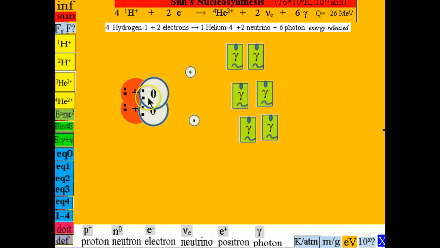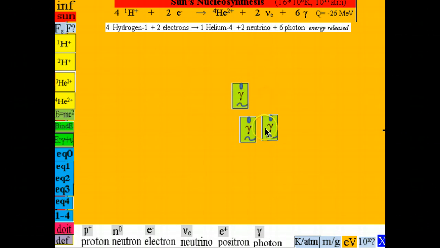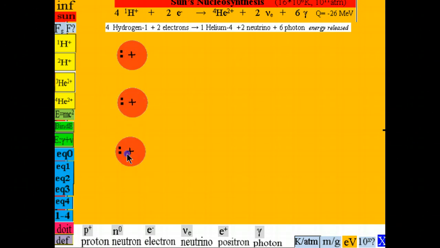I will do this reaction one more time slowly. So you can right click on each of these symbols, and we start out with 4 hydrogen, we add to this 2 electrons. Of course, we have the high temperature in the sun, 16 million degrees Kelvin.